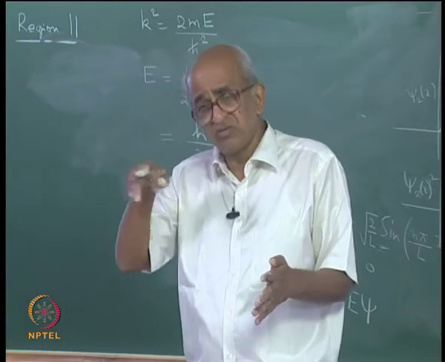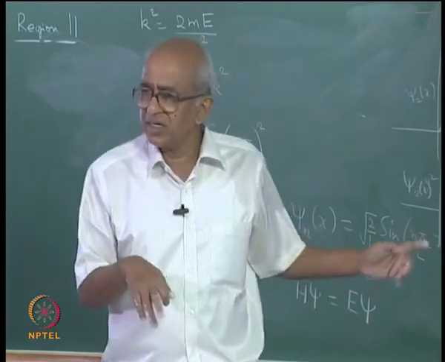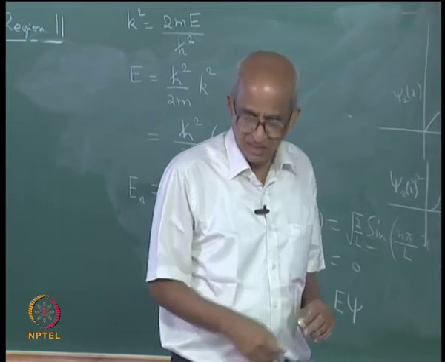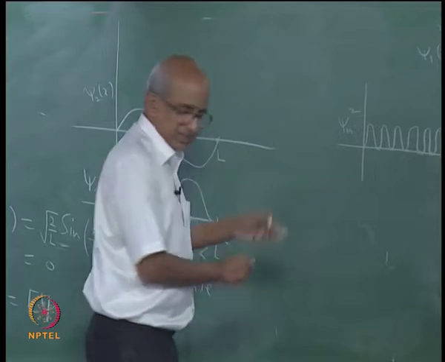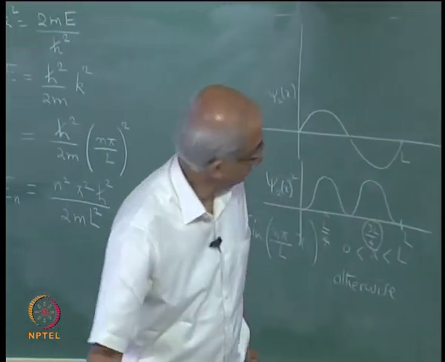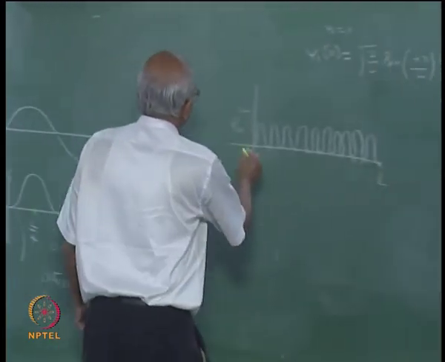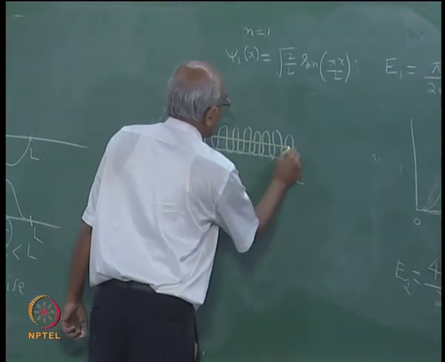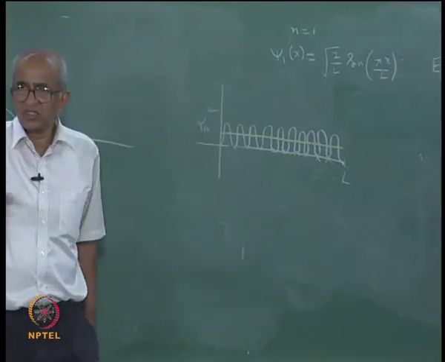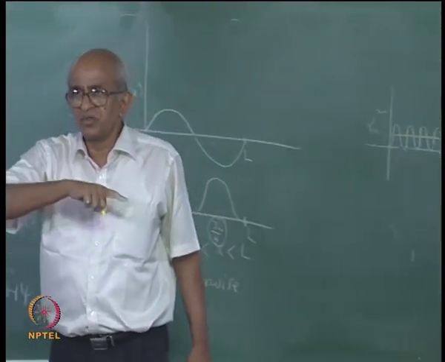If I plotted that classical probability as a function of position, what would I get? I would get a straight line, something like that, because the probability does not depend upon position.